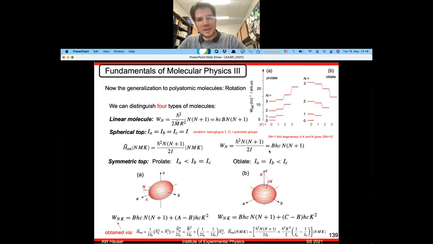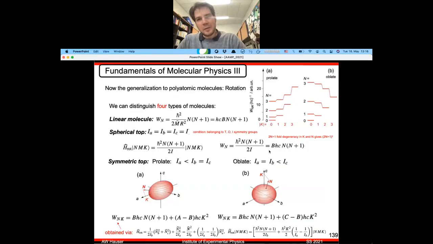Let's move on to something that's slightly more complicated, but only on first sight, the symmetric top. A symmetric top is a molecule where we have two of the three eigenvalues of the moment of inertia tensor being equivalent. And this leaves us two situations.